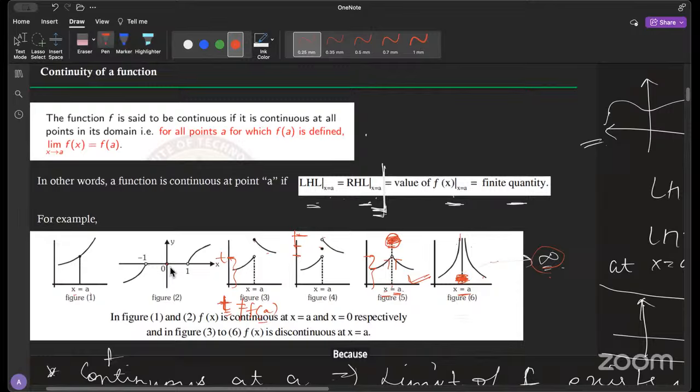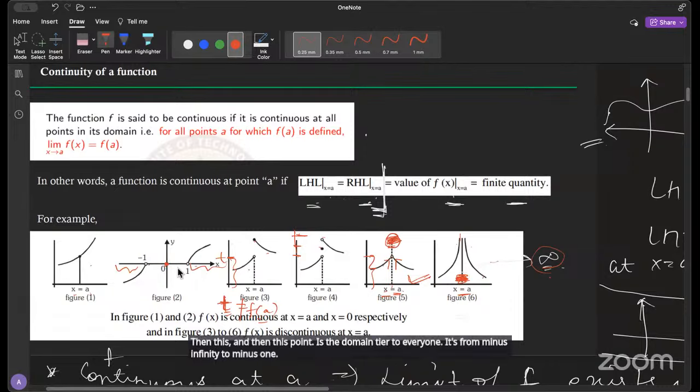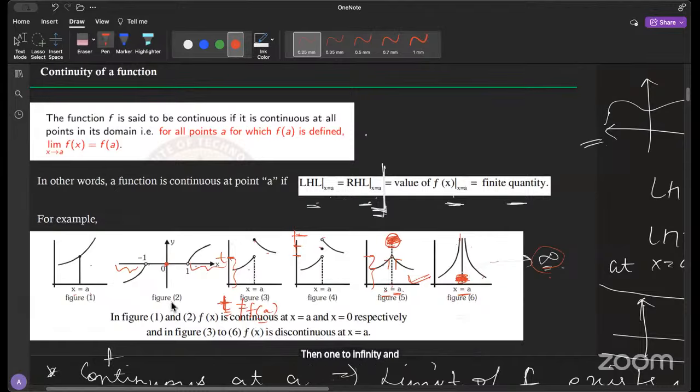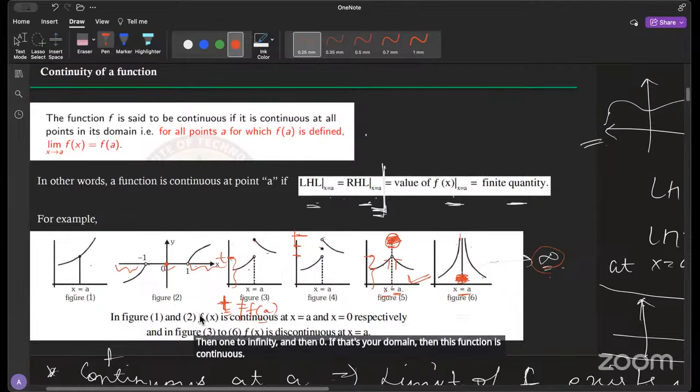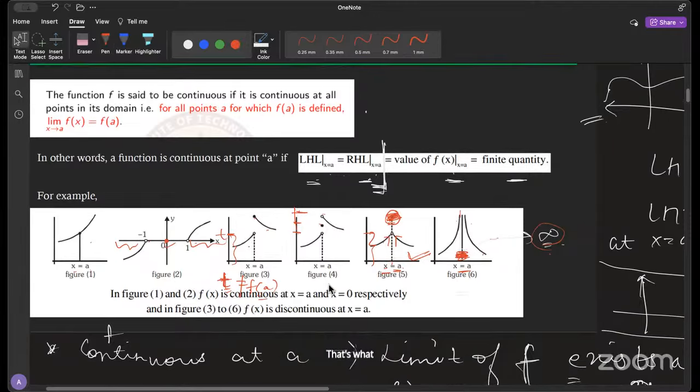If your domain is from minus infinity to minus 1, then 1 to infinity, and then 0, if that's your domain, then this function is continuous at 0. That's what we discussed here, because your conditions are you need your left hand limit.